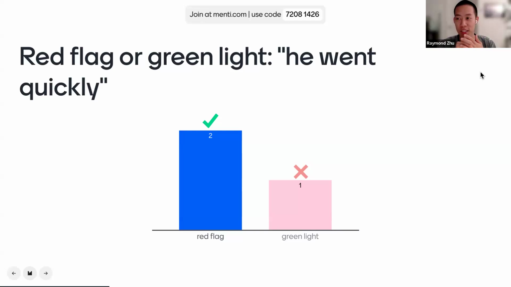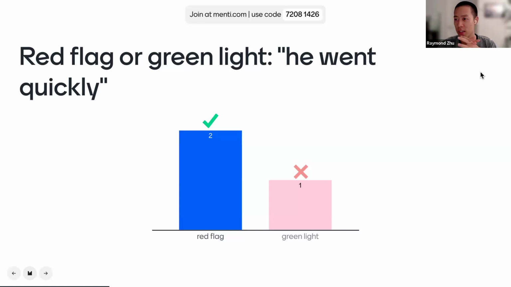Okay, so you got the right answer, but that's not the right reasoning. Think about it some more. What are the other red flags that this would fit under? So I think number 4 on the list was adverbs, right?